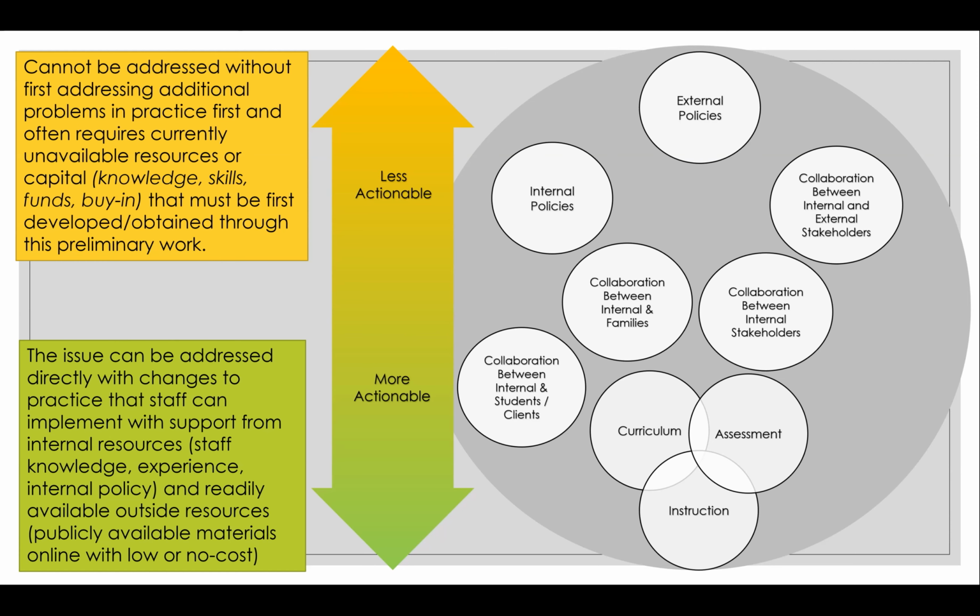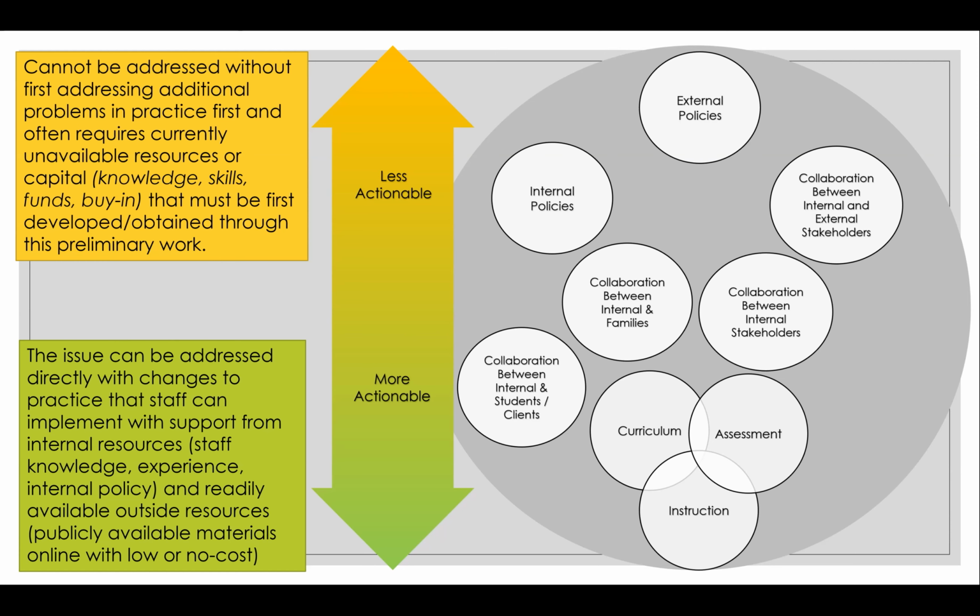The Pennsylvania Bureau of Special Education, which I work for, has a ton of resources on PaTTAN, the PA Training and Technical Assistance Network website. There's a host of resources there as well. So we're talking about things that are more actionable in the sense that internally we can take this on, and we don't need too much external support to make it happen. And the external support we do need, we can get.